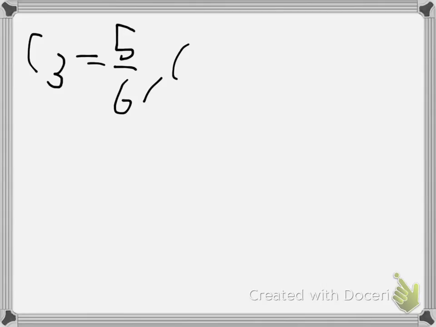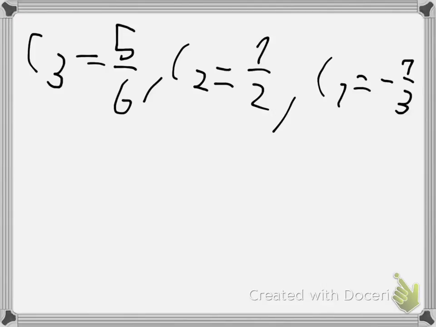If you row reduce, you get that C3 is equal to 5/6, C2 will be equal to 1/2, and C1 will be equal to -1/3.